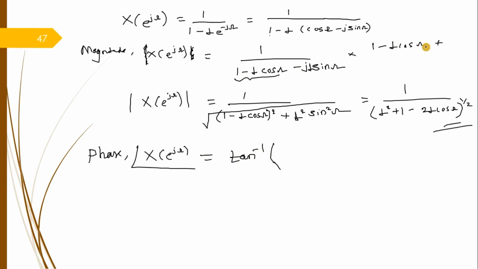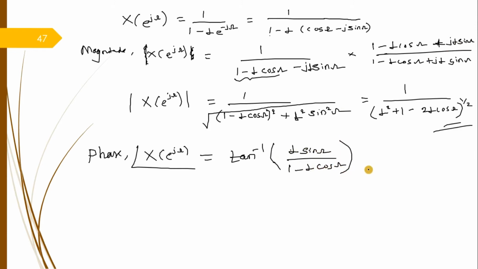So here it is minus, I have to take it as plus j alpha sine omega. Same thing in the denominator. We write it as tan inverse of alpha sine omega divided by 1 minus alpha cos omega. So this is your phase response.